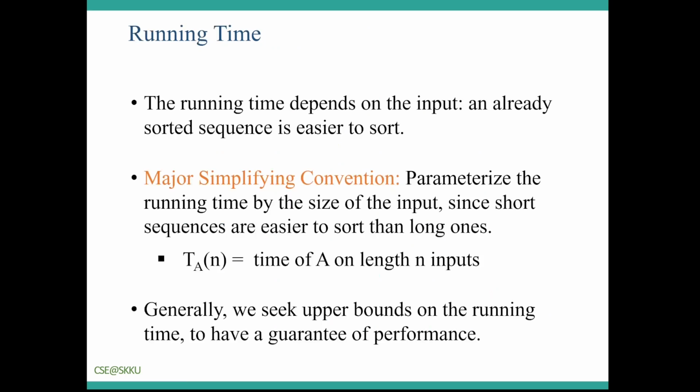Okay, the performance of an algorithm depends on the input. For example, insertion sort runs much faster on an already sorted list than on a random one. To measure efficiency, we look at the running time in terms of input size.